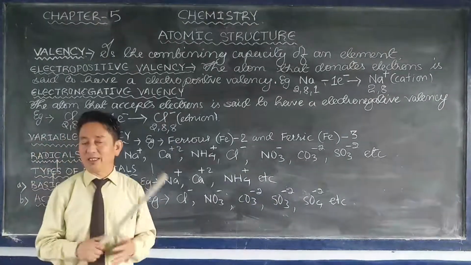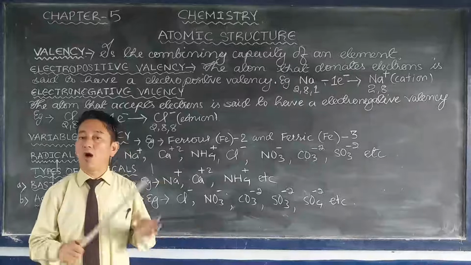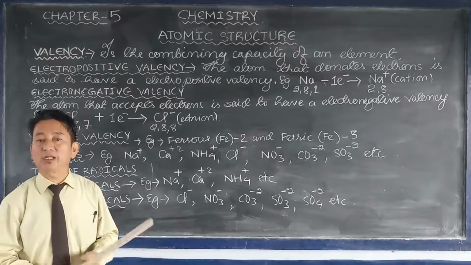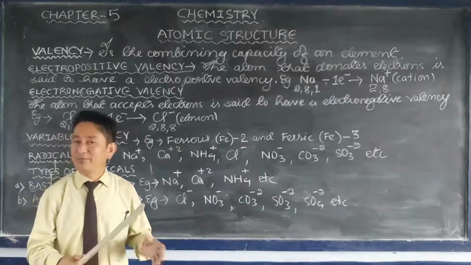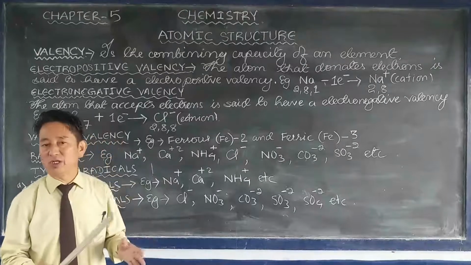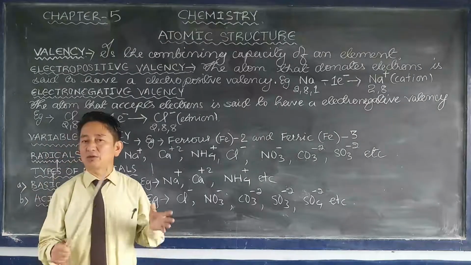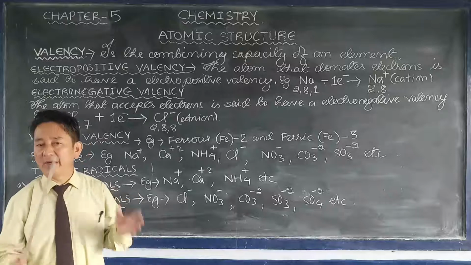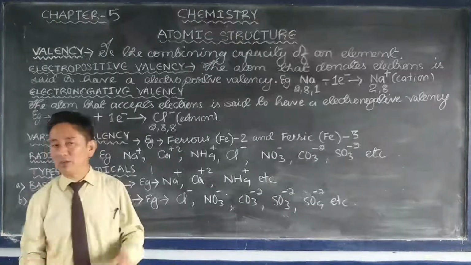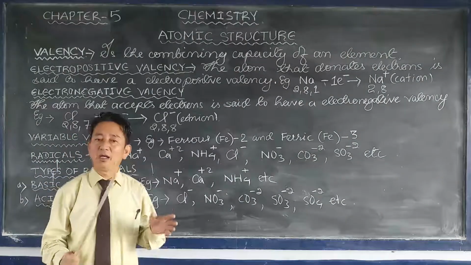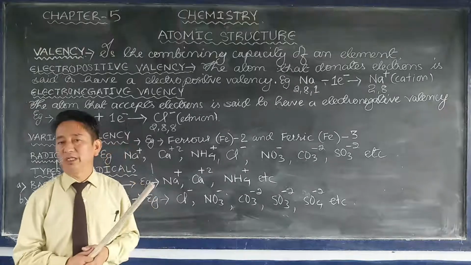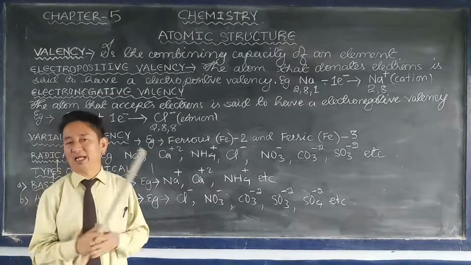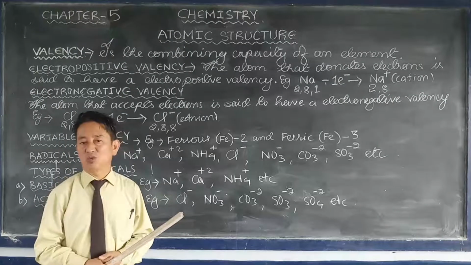Here, stable electronic configuration means the outermost shell completed with an octet, except helium. All the noble gases: helium, neon, argon, krypton, xenon, and radon. Except helium, all the noble gases have the outermost shell completed with an octet. They have 8 electrons, and helium has 2.